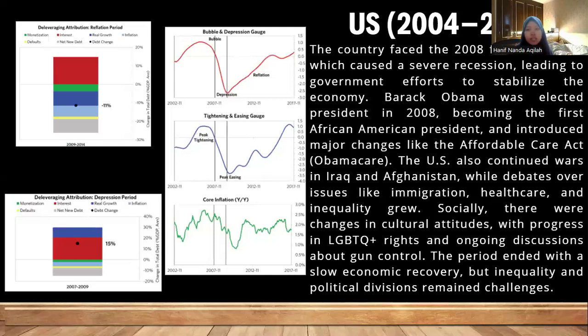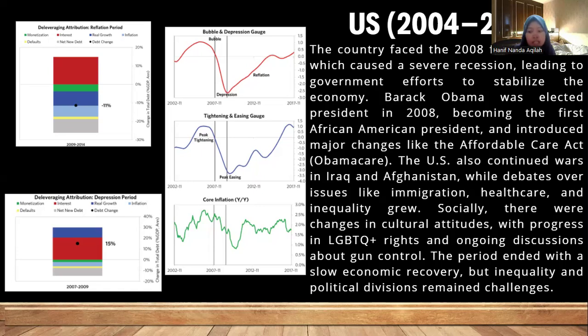And the next is the USA, from 2004 to 2014. This country faced the 2008 financial crisis, which caused a severe recession. Barack Obama was elected president in 2008, becoming the first African American president, and introduced major changes like the Affordable Care Act, or what we call Obamacare. The US also continued wars in Iraq and Afghanistan.